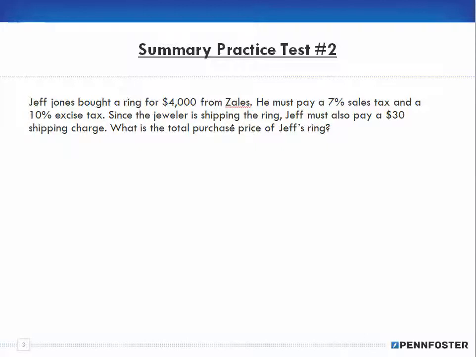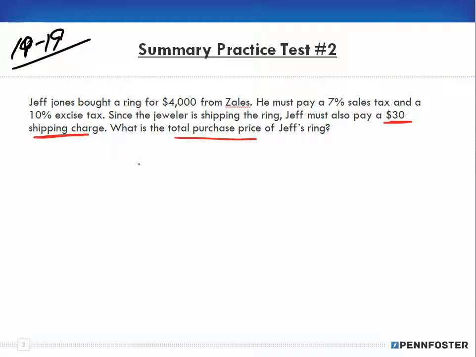This is similar to problem 19-19, so if you want to go back and watch that one, feel free. It's asking for the total purchase price. Now remember, we don't pay tax on shipping.